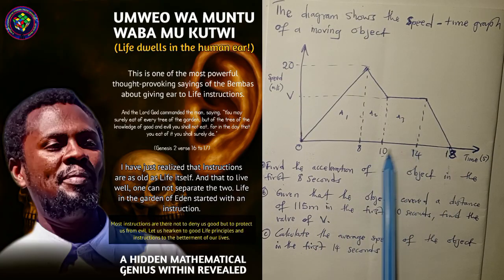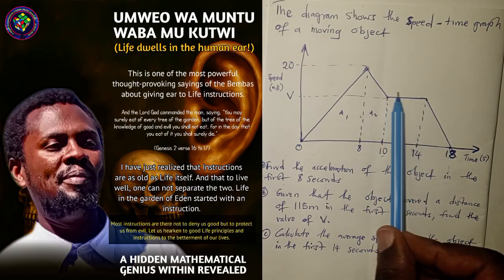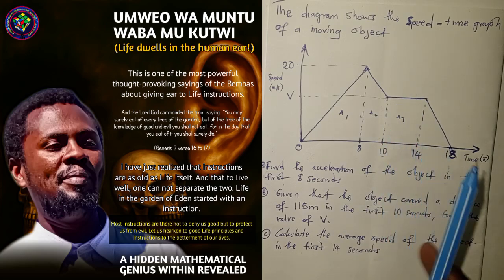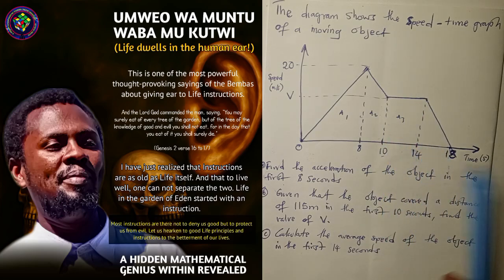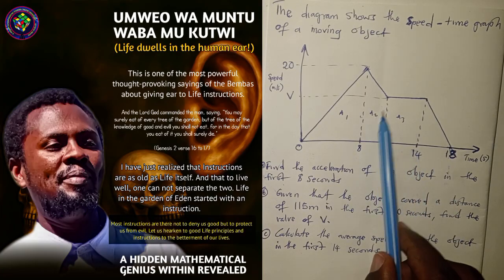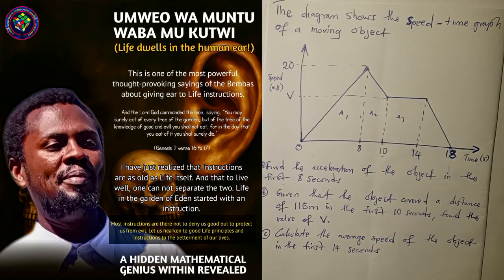Then from 10 to 14, that one there is a rectangle. You just find the area of the rectangle, which is length times breadth. So 4 times V, which is 15, so 60. So 60 plus 115, you get 175. That is the total distance. Then the time taken is 14.